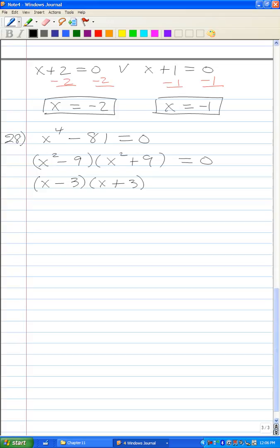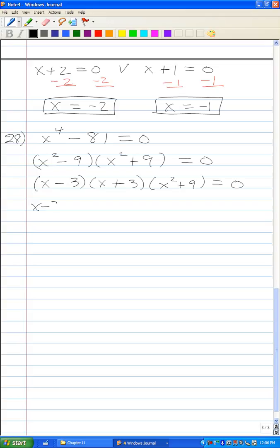I could factor the x² + 9 over the complex numbers, but maybe I'll just leave it so that I can use the quadratic formula to solve that. I mean, I could factor it if I wanted to as (x + 3i)(x − 3i), but I'll leave it as x² + 9.